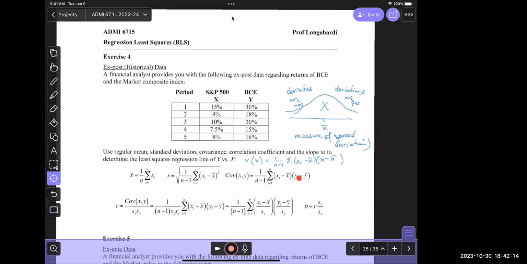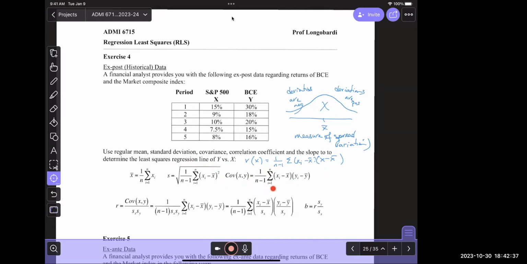And I'm going to add up or average that pattern, again, by dividing by n minus 1. We do not take the square root here like we do for the variance. See that the standard deviation is the square root of the variance, but we don't do that here.